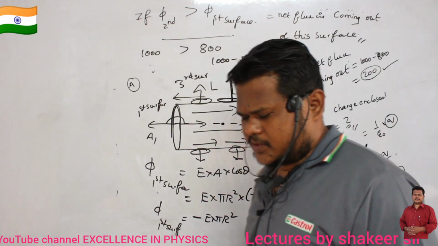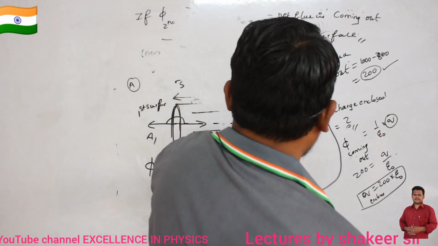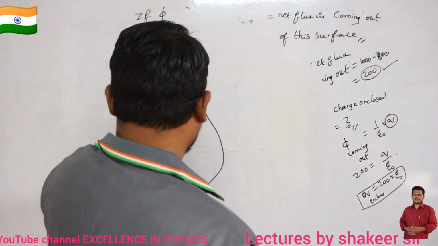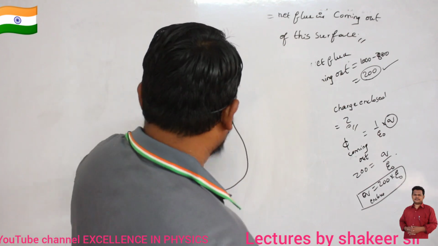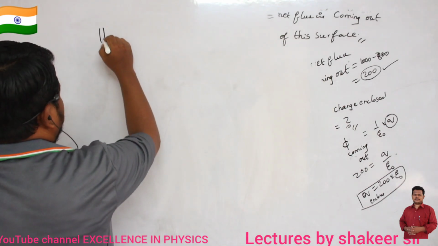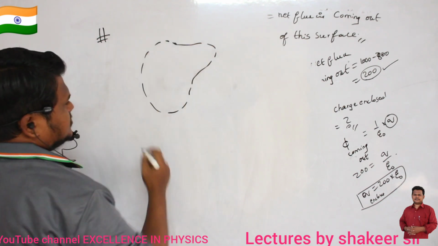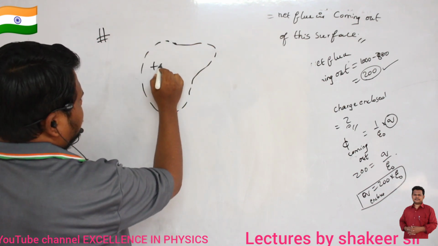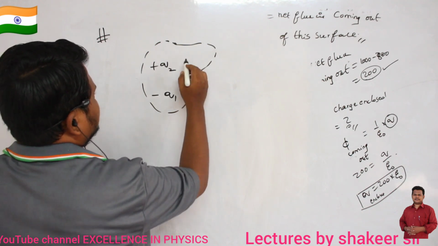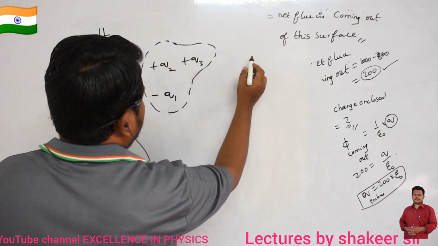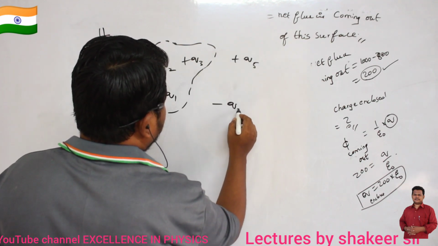Okay, so let us do one more problem. Clear, ma? So let us draw a Gaussian surface. Consider this is some Gaussian surface like this. Here I have plus Q2 charge, minus Q1 charge, plus Q3 charge, plus Q5 charge, minus Q3 charge.